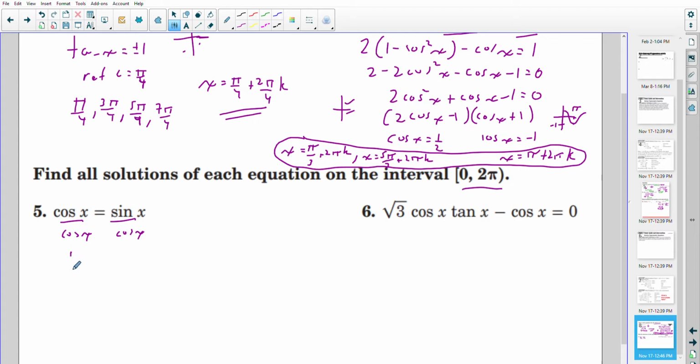And when you do so, you get 1 equals tangent x by using the quotient rule. And that means that x can equal pi over 4, or it can also equal 5 pi over 4 in the third quadrant because it's positive.